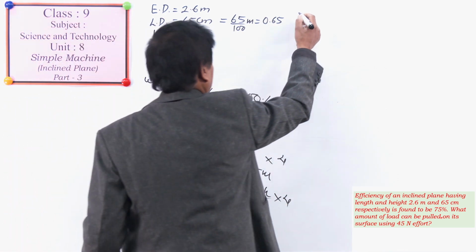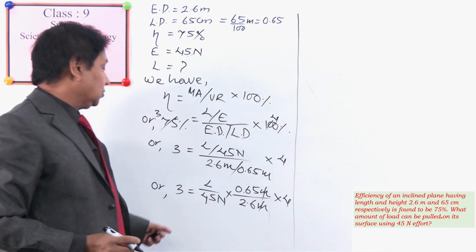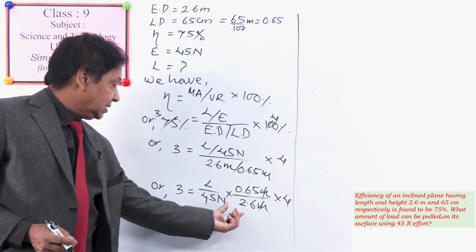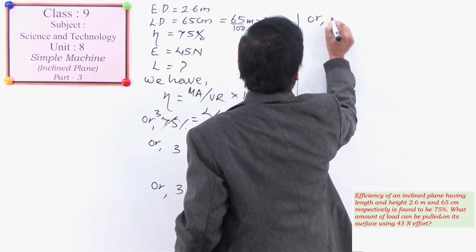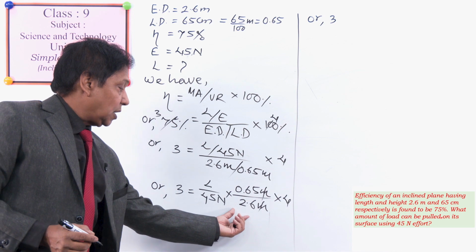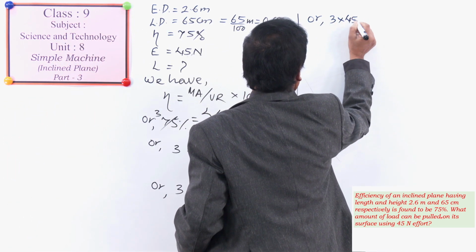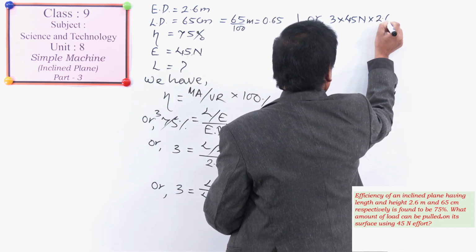Okay, let's go to this place. Now I want to put this load on one side. That's why everything is taken to the left hand side, then what we get: 3 is on the left hand side, 45 Newton into 2.6, I want to take it to the left hand side, 45 Newton into 2.6.